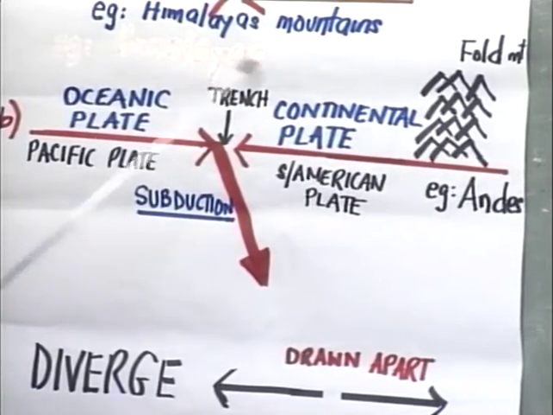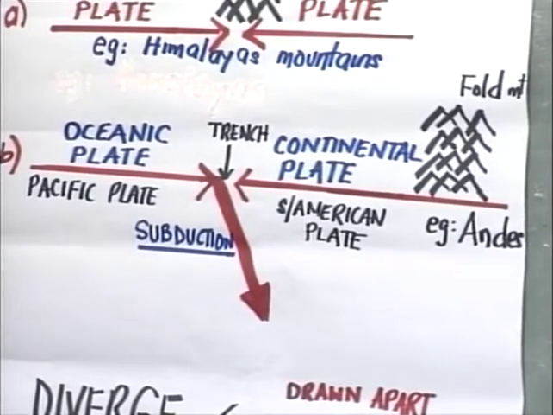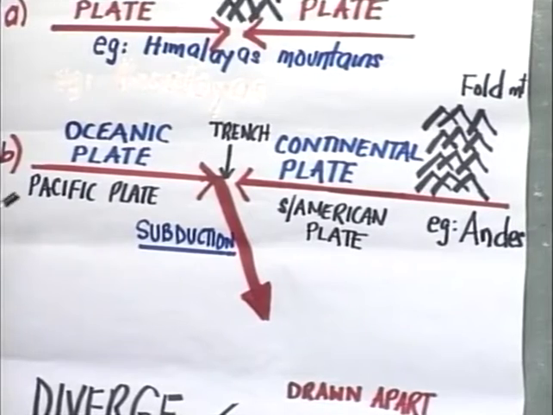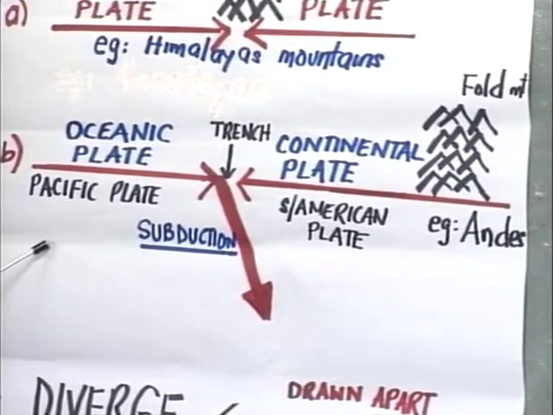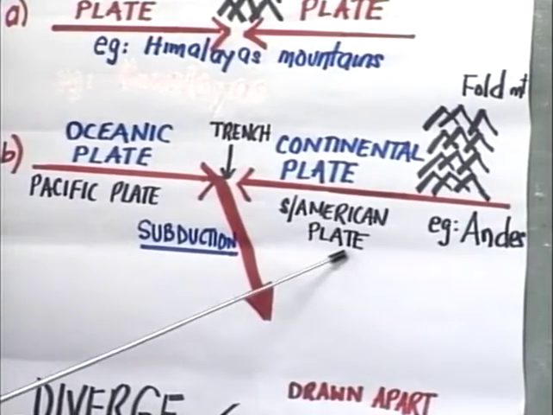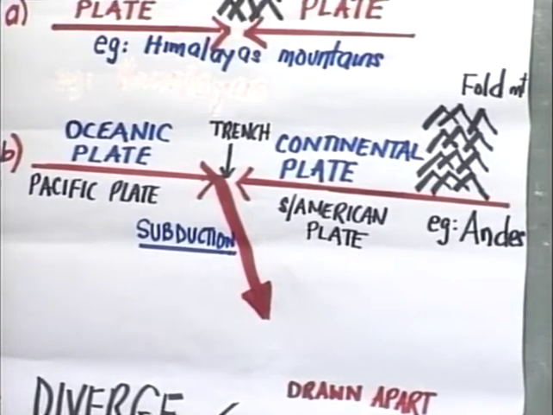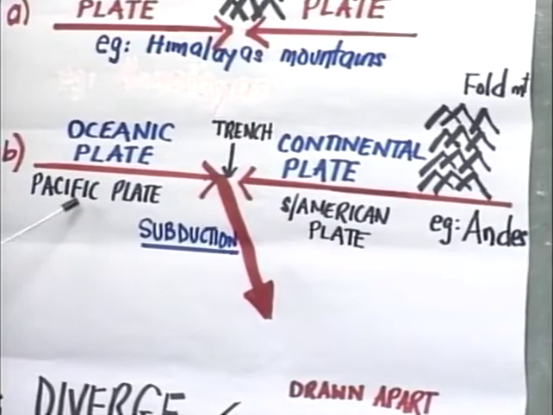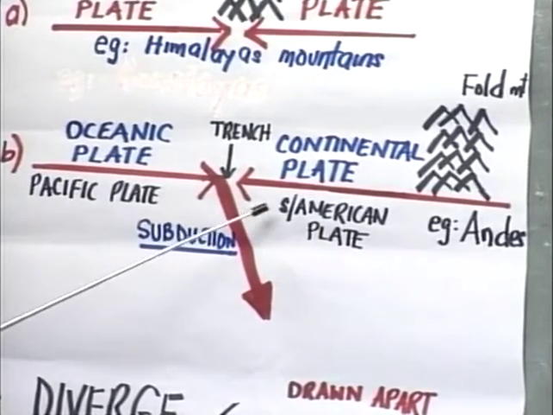So we can now look at an example. Here, you can refer to the Nazca or the Pacific plate. If you look at your maps, the Nazca plate is an oceanic plate. The South American plate carries the South American continent. So the Nazca plate is meeting with the South American plate.